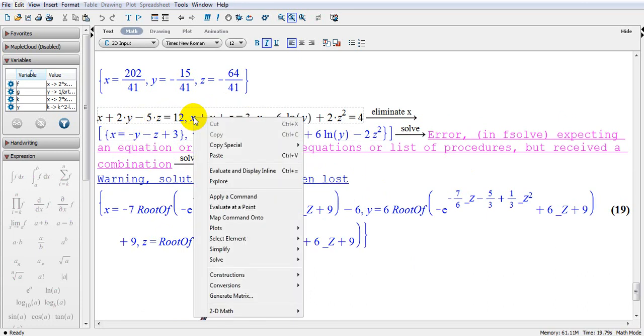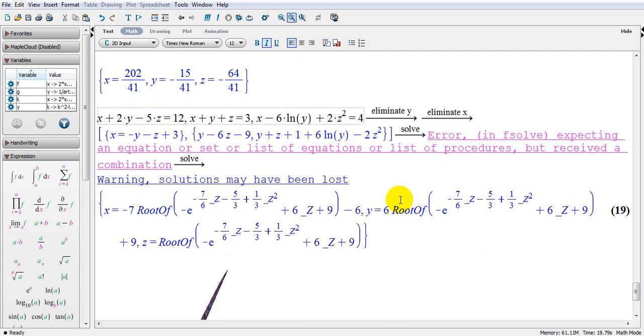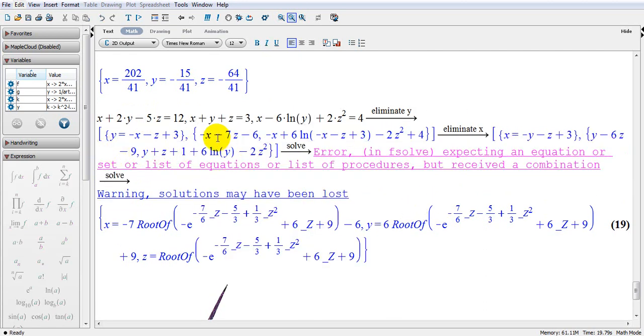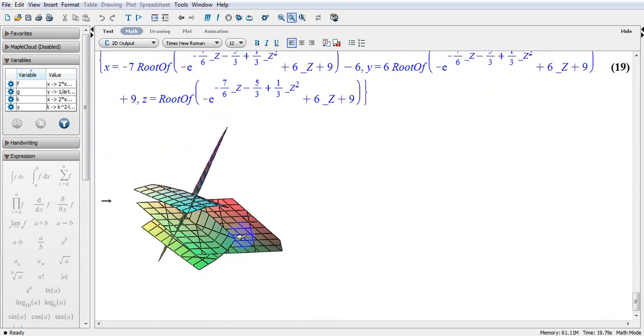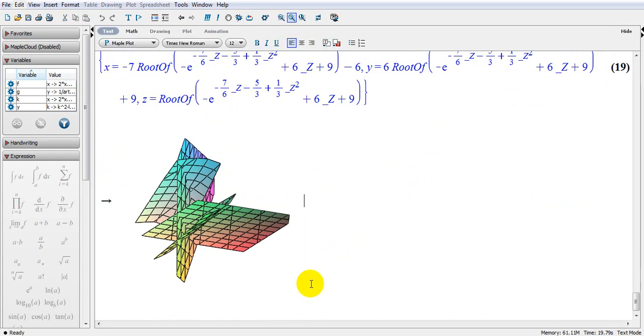I could have also gone here and eliminated y, which should be more complex, or done the same thing for z. As you can see, these are very powerful functionalities of Maple version 15. In previous versions you could have done that as well, but I'm just talking about version 15.